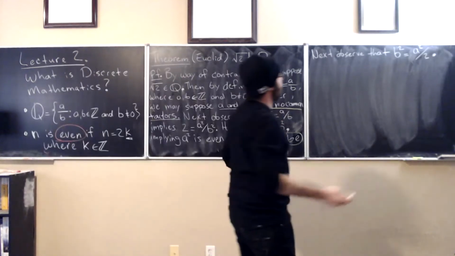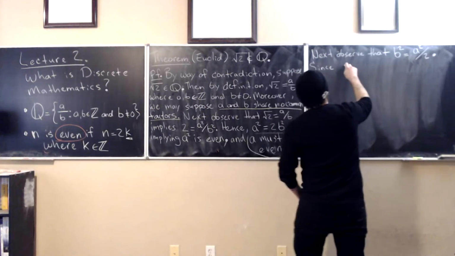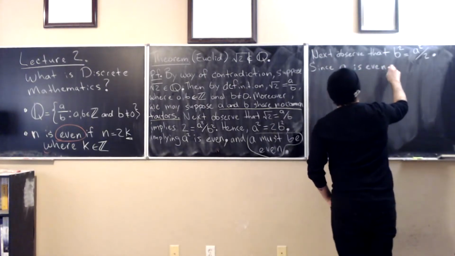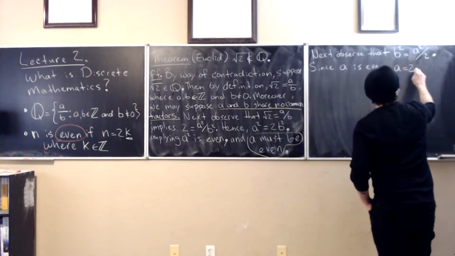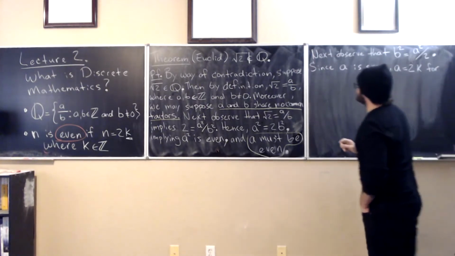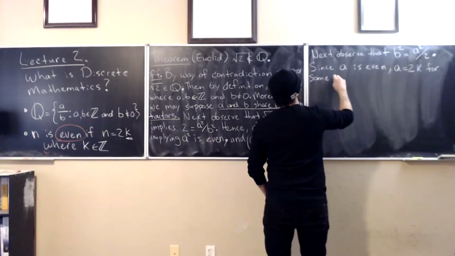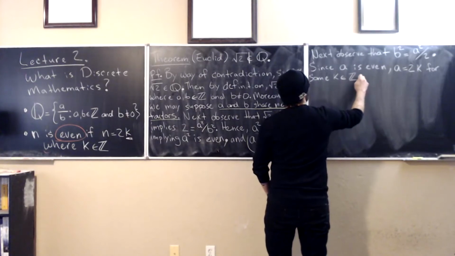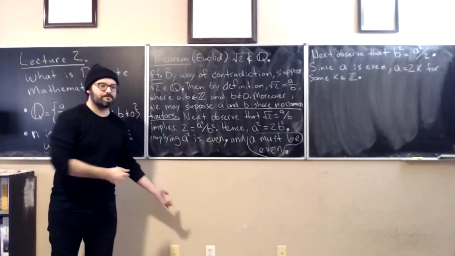So I'm going to write that out. Since a is even, a is equal to 2 times k for some integer k. Because we established that a must be even, we know that it's 2 times something.